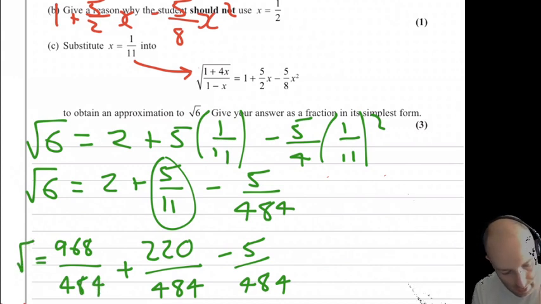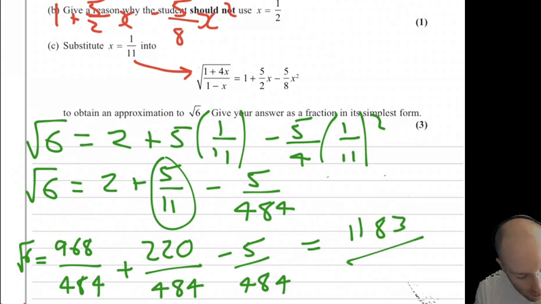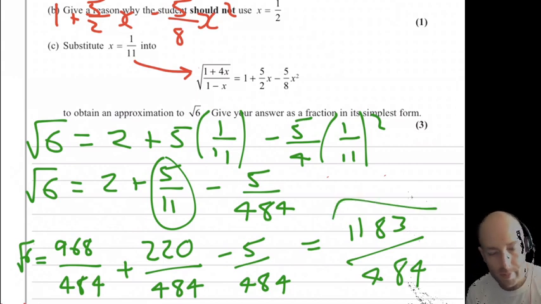Type all that in: 968 plus 220, take 5 is 1183 over 484. I don't know if this is going to simplify. No, it does not simplify. Cool.